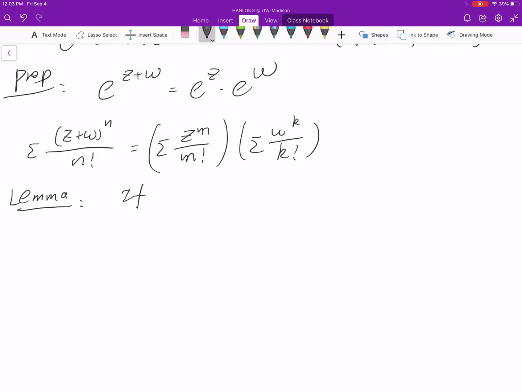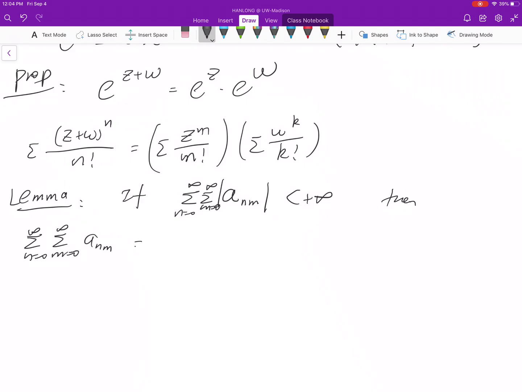So the lemma tells you, suppose you have complex numbers a_{nm}, and if you first sum up all the m, and then you sum up all the n, iterative convergent series, if the total sum is less than infinity, then we can interchange the summation order in any way you want, in any order.